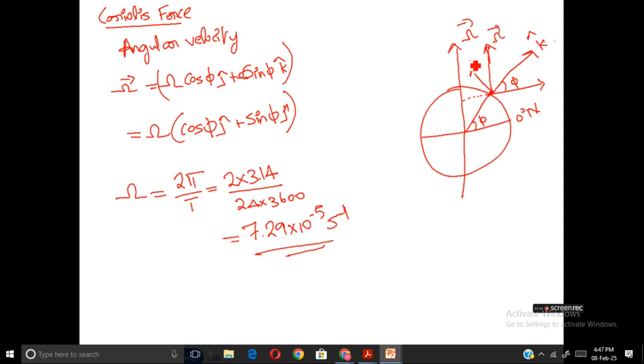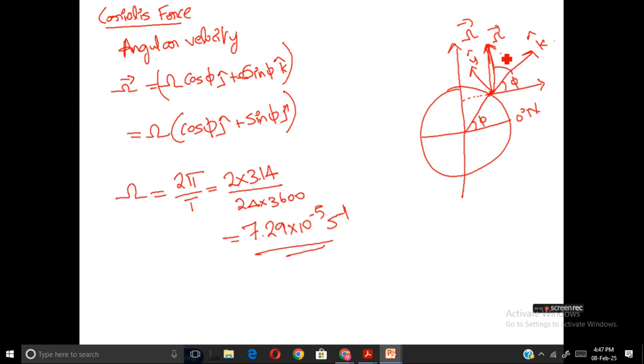This will be the y direction. This is omega. We have to find what are the components along k and y.